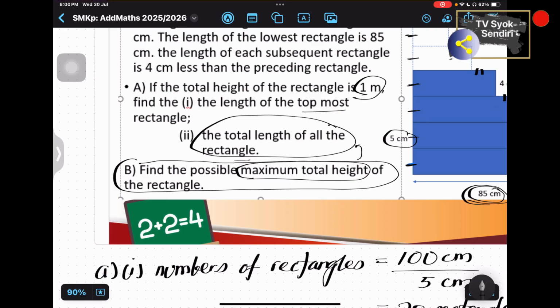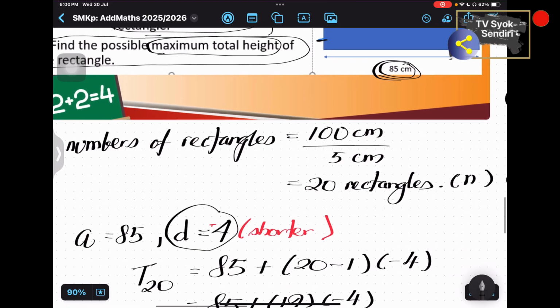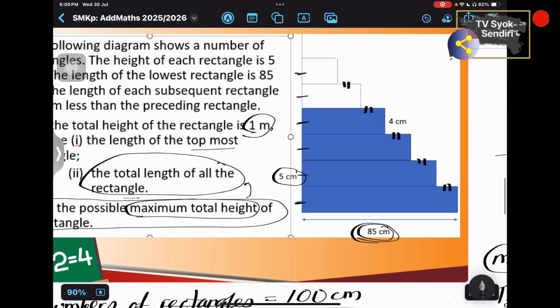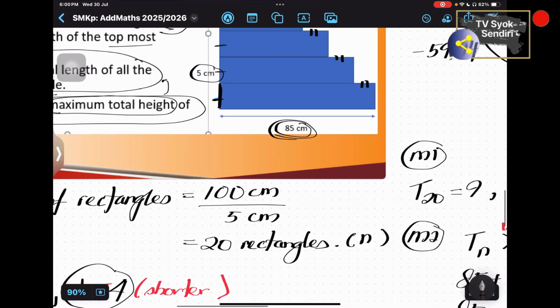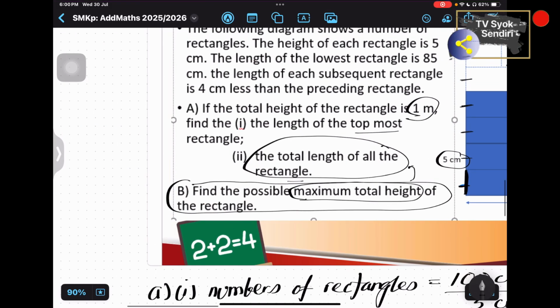But for A2, find the total length, which is referring to S22. And then find the possible maximum total height. Remember, each height of the rectangle is 5 centimeters. So the maximum height is equal to 5 multiplied by 22. So the maximum height is 110 centimeters.